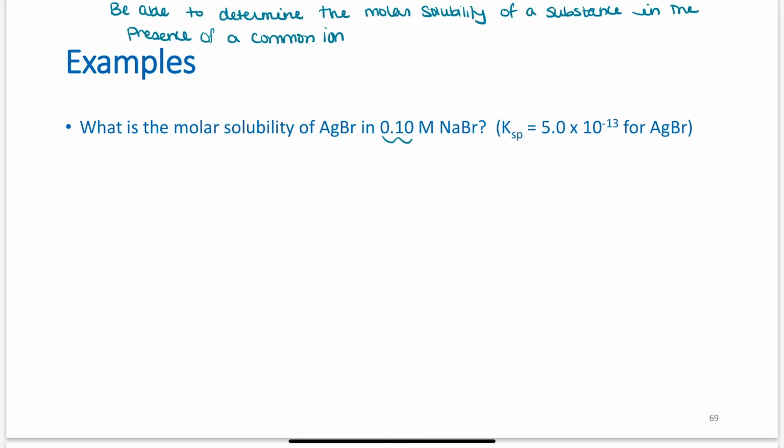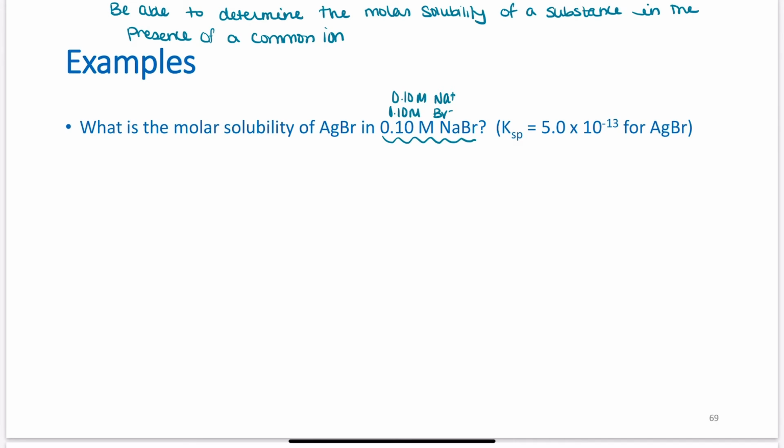So now I've got 0.1 molar NaBr in solution. What does that mean? That means I really have 0.1 molar Na+ and 0.1 molar Br- in solution. We just determined the molar solubility for silver bromide two slides ago.